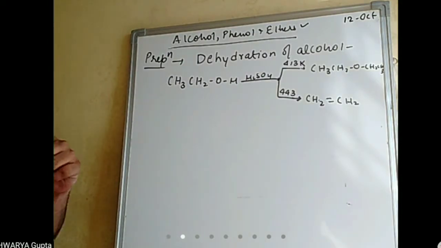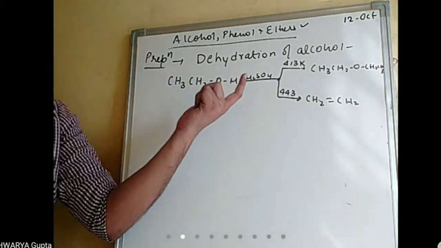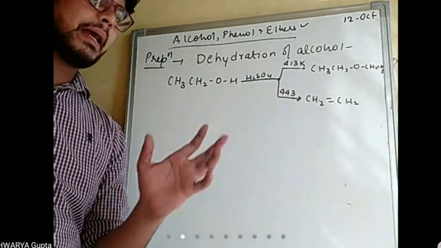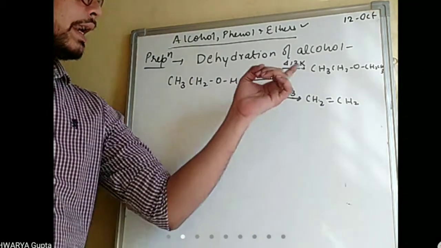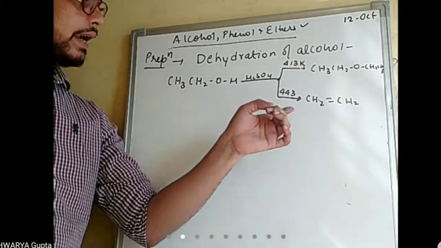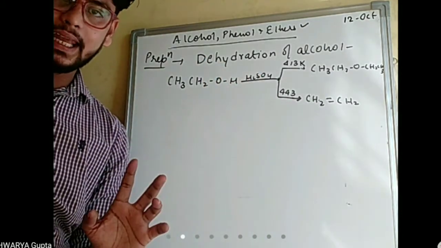Okay, the temperature plays an important role in this reaction. At low temperature the formation of ether will take place, and at high temperature the formation of alkene will take place.